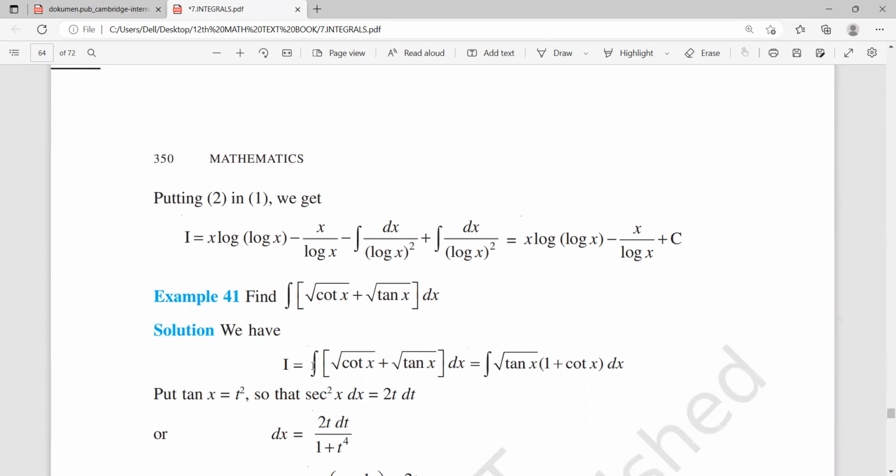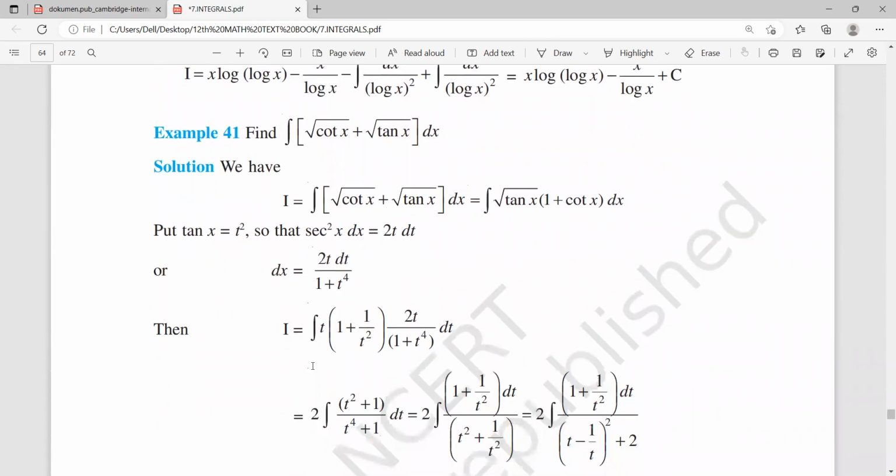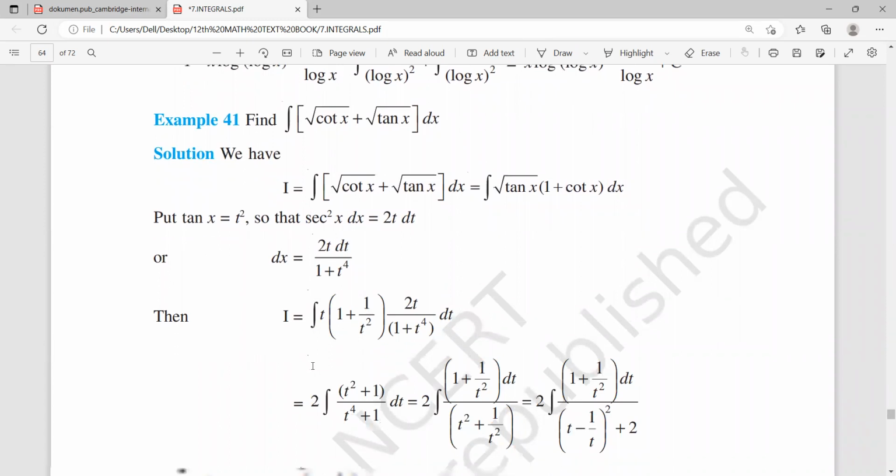So we take tan x is t, or cot x is t. Root tan x is t. Okay, so we take tan x equal to t square to make it easier.